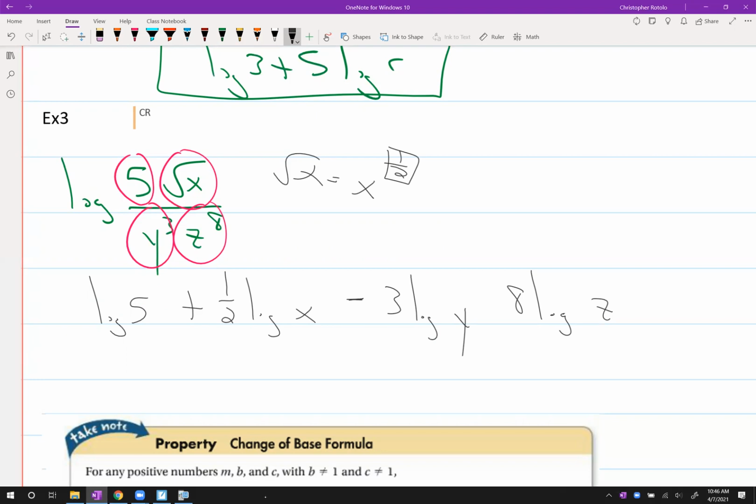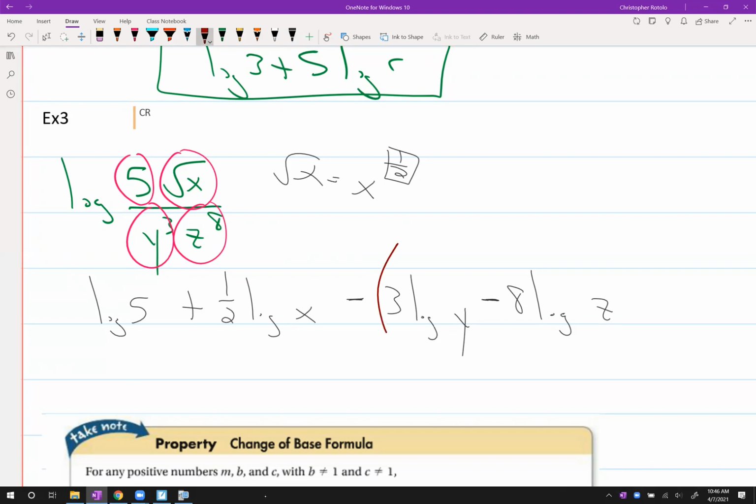Now this is where it gets a little bit hairy, because if I just work left to right, that puts 5 and x in the numerator and my y to the third in the denominator. Well, the next thing I still want is the 8 on the z, so z should also be in the denominator. Now we can make this a little bit different.